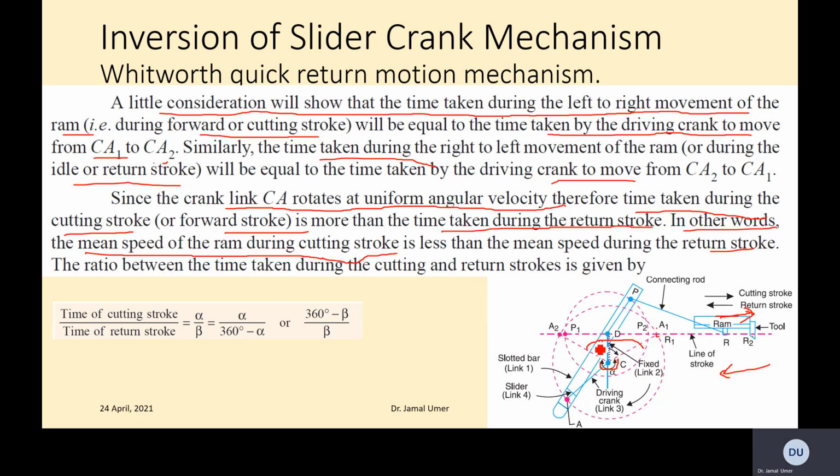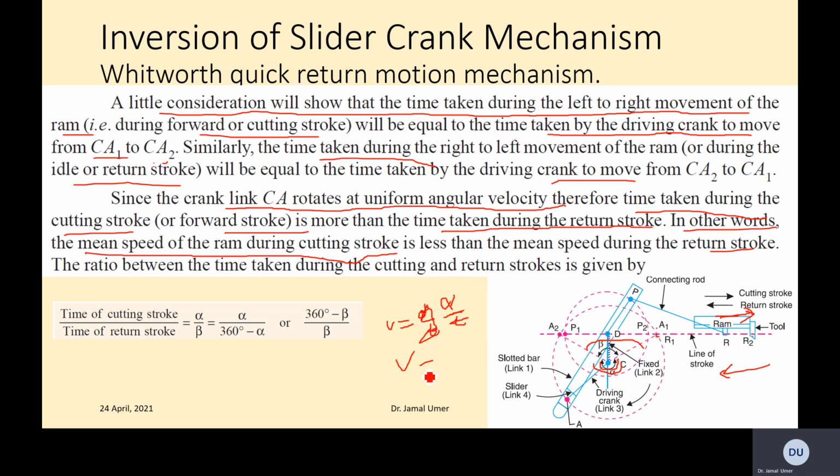If it's moving at constant angular velocity, the cutting stroke, the forward stroke, has to cover a larger distance. Velocity is basically distance over time. This isn't a perfect example, but I want to relate it with time. So the angular distance alpha is larger, and the velocity is constant.